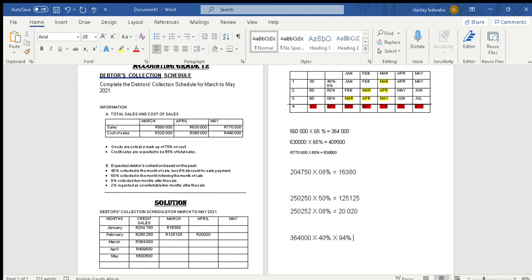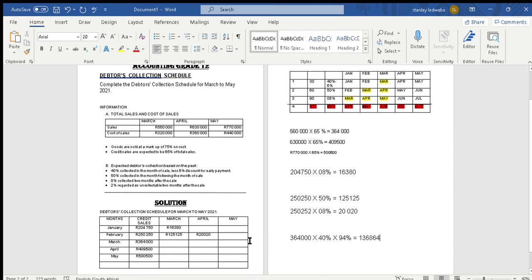That is why we're going to say credit sales times 40% of debt times 94% of discount. All right. Then it will give us how much? 136,864, right?